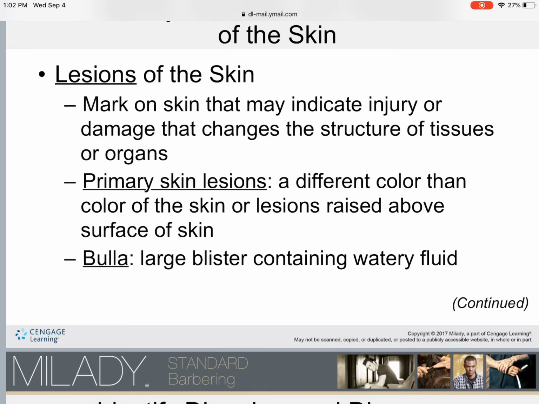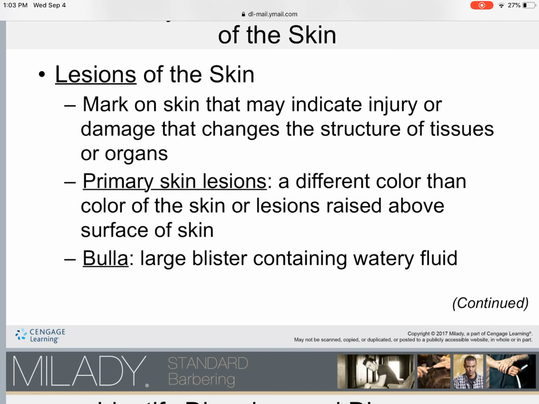Bulla, a large blister containing a watery fluid. Cyst, or tubercle, is closed. It's an abnormally developed sac that contains pus, semi-fluid, or morbid matter above or below the skin. Macule, a flat spot or discoloration of the skin, like a freckle or liver spot.